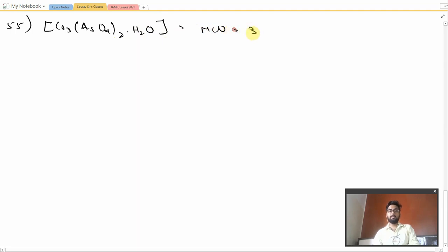So we will be having 3 into the weight of Co, which is 59, plus 2 into the weight of As, which is 75, plus weight of oxygen, which is 16, so 16 into 4, and plus the weight of water, which is 18. So let us calculate this value.